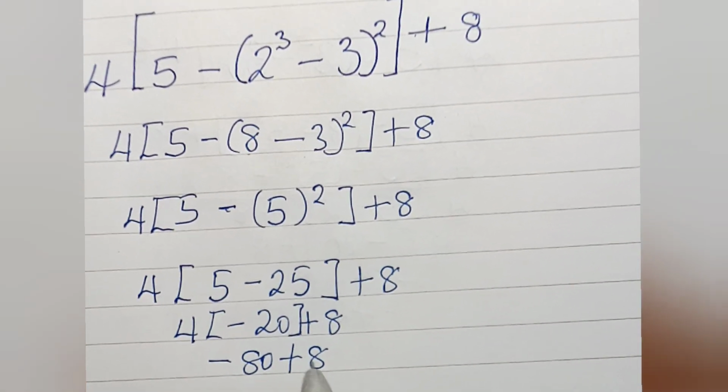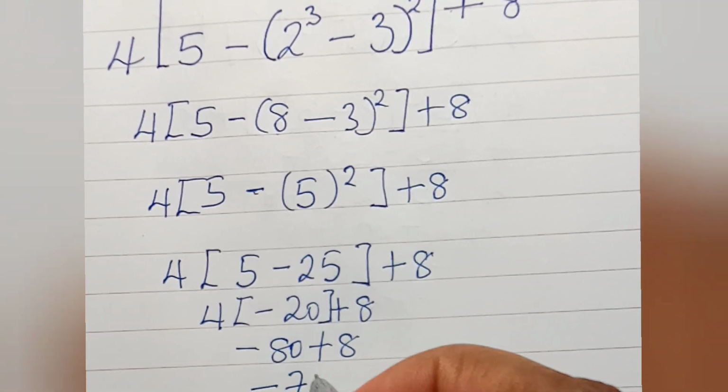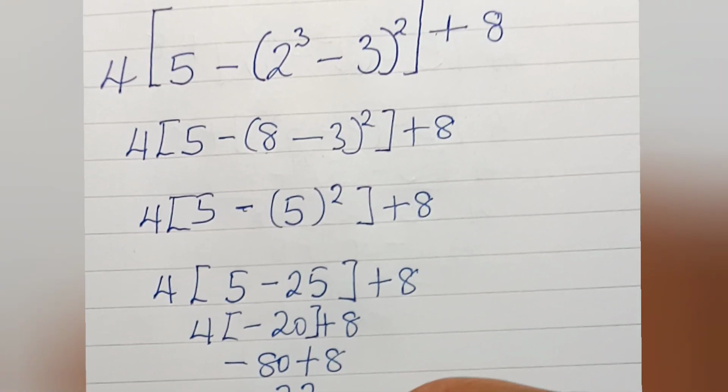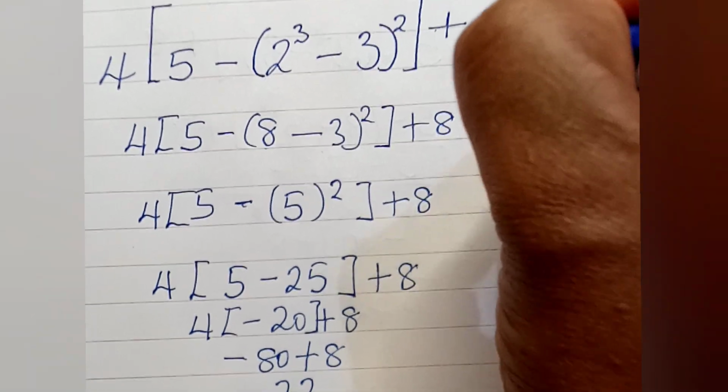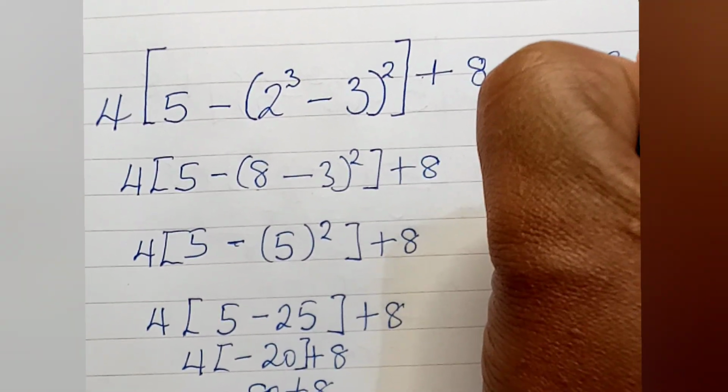Minus 80 plus 8 will give you negative 72. So the correct answer to this problem is negative 72.